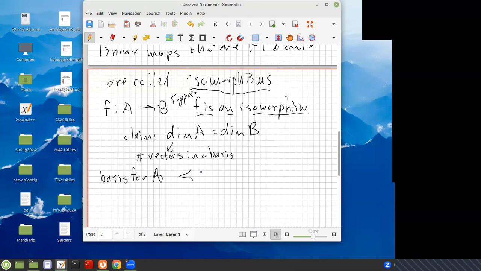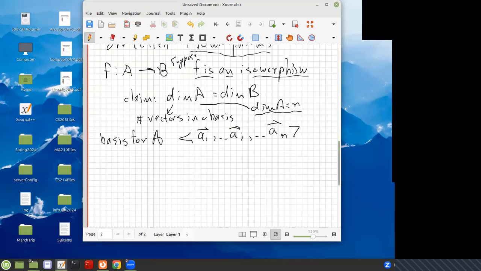Let's just call them A1 up to An. So if we say the dimension of A is n, then a basis for A is going to have n vectors, say 2 or 3 or 4 or 10 vectors in the basis. We're just going to call them the A sub i's.